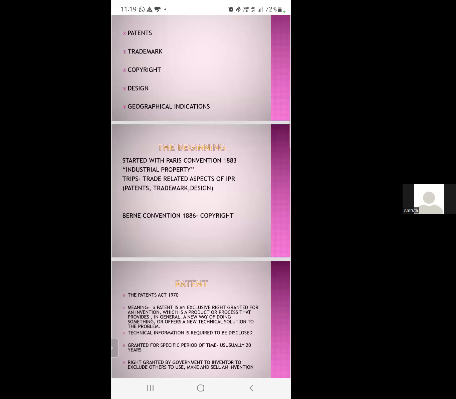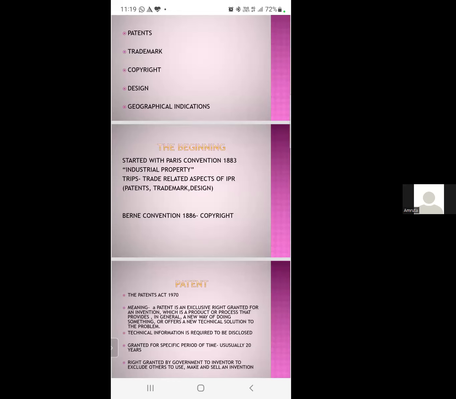There was no entity of India, and it was represented by the British government. However, in the Paris Convention, the word industrial property first came into the picture. What industrial properties? Basically it all started from the patent, to protect the industrial property, the industrial designs, whatever the industries at that time were using, the machinery, the processes.